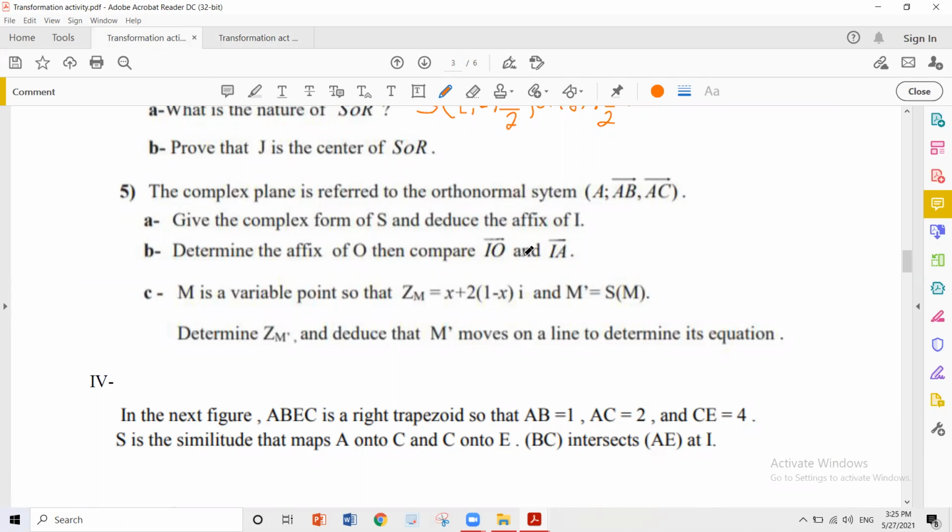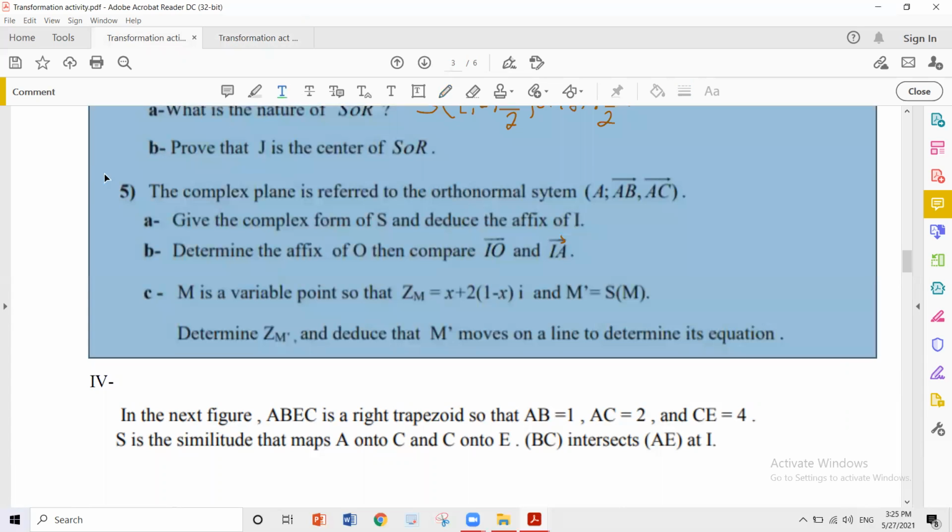Compare vector IO and vector IA. I find the coordinates of vector IO and vector IA and compare between them.